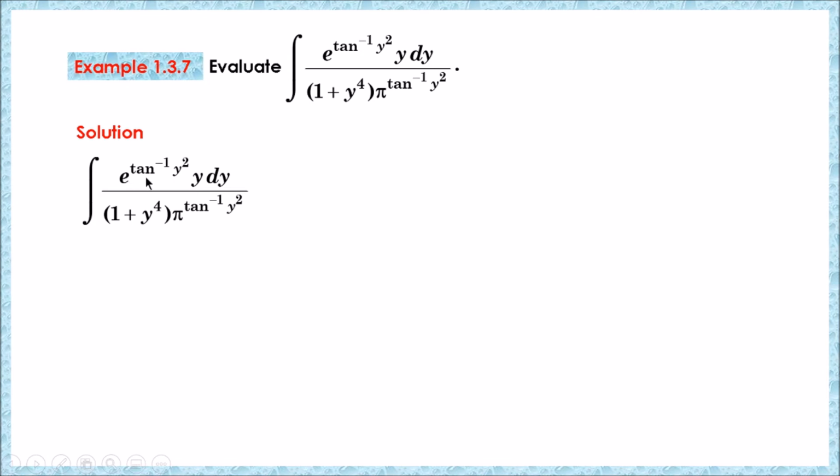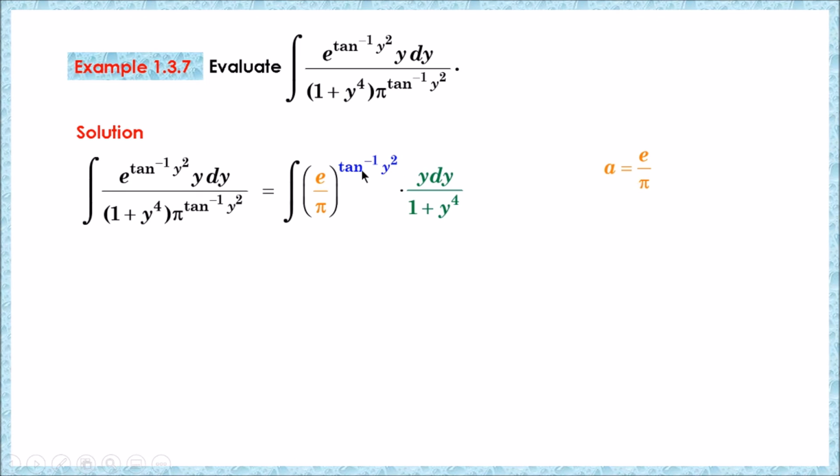One is e^(arctan y^2), and the other one is pi^(arctan y^2). One in the numerator, one in the denominator. But notice that they have common exponents. So let us express it in the form of (e over pi) raised to arctan y^2 times y dy over 1 + y^4. A here is equal to e over pi.